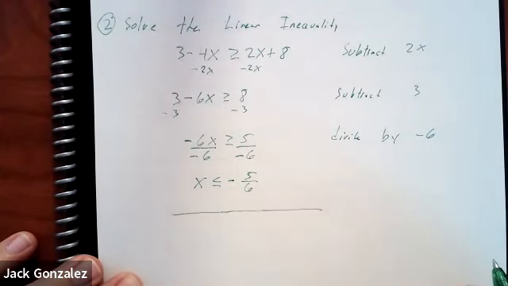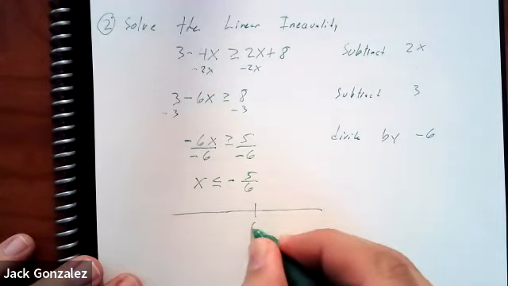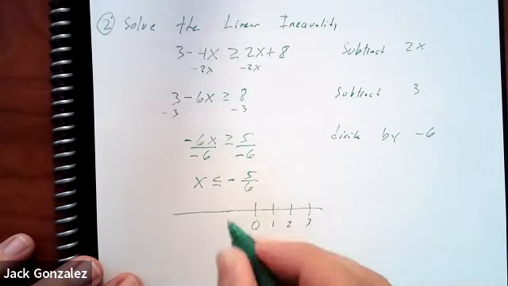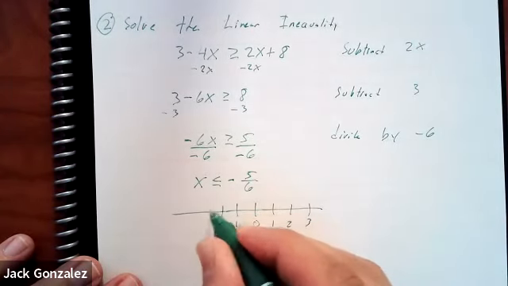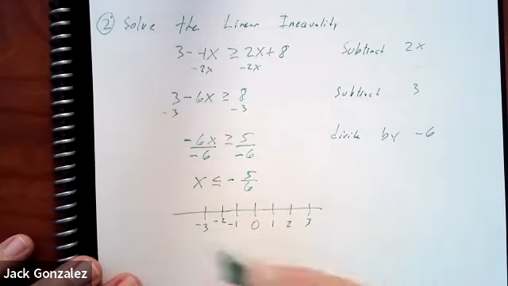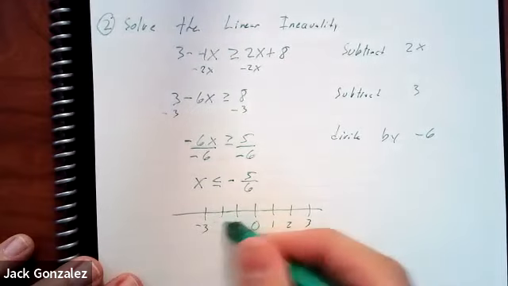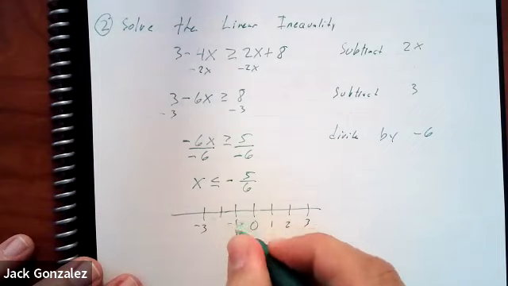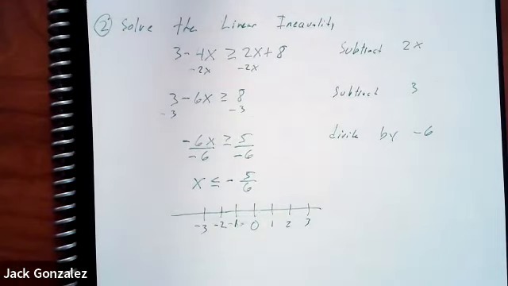So where's negative 5/6? That looks weird. What is it as a decimal?